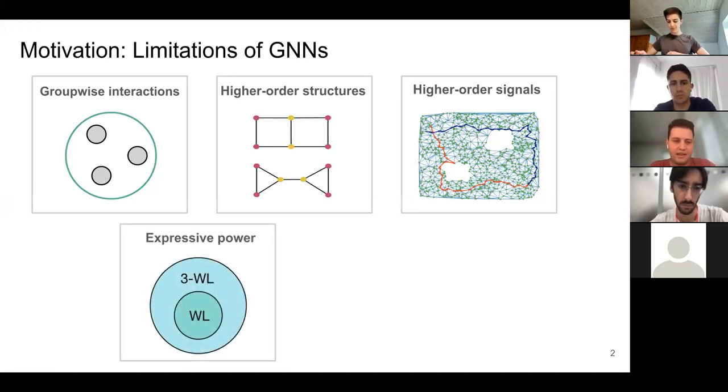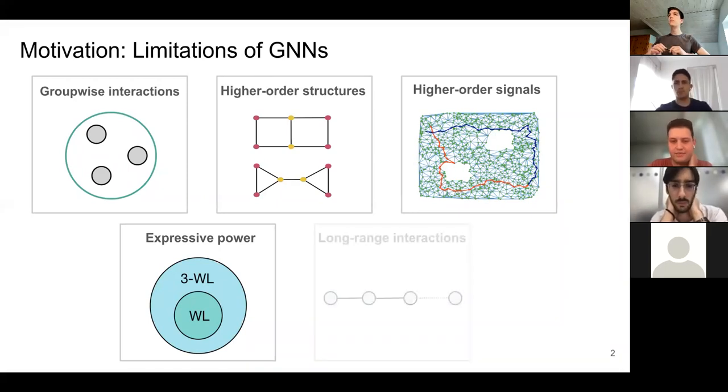Then another problem that has received lots of attention lately is expressive power. Classic message passing graph neural networks are as powerful as the WL test, and many things have been proposed recently. One big question here is, can we also design other hierarchies parallel to the WL hierarchy, and generally more expressive architectures?